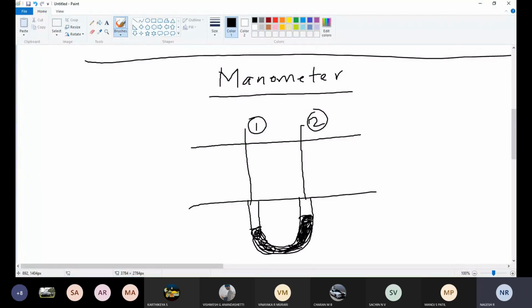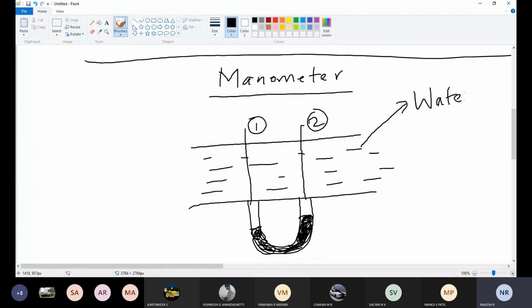Now here consider water is flowing, and here mercury. So density of water is 1000.